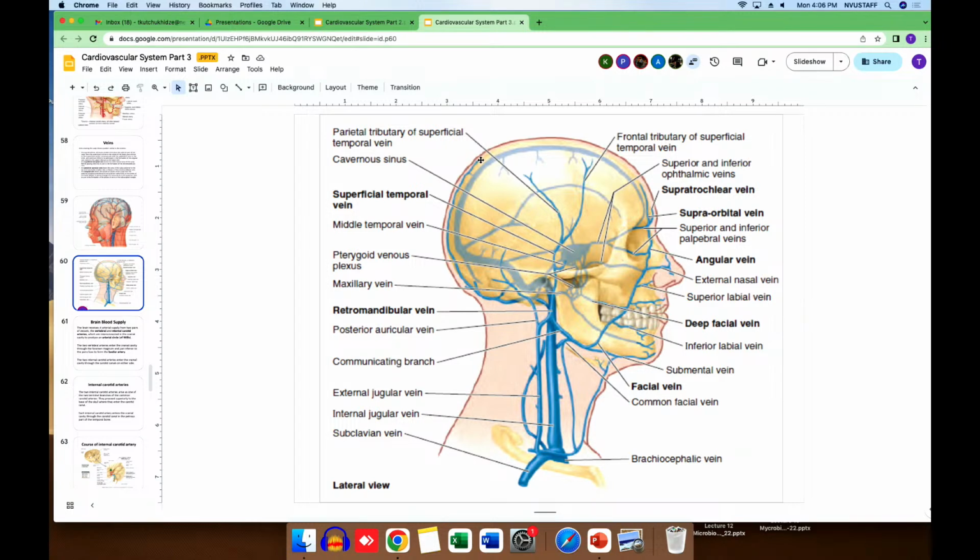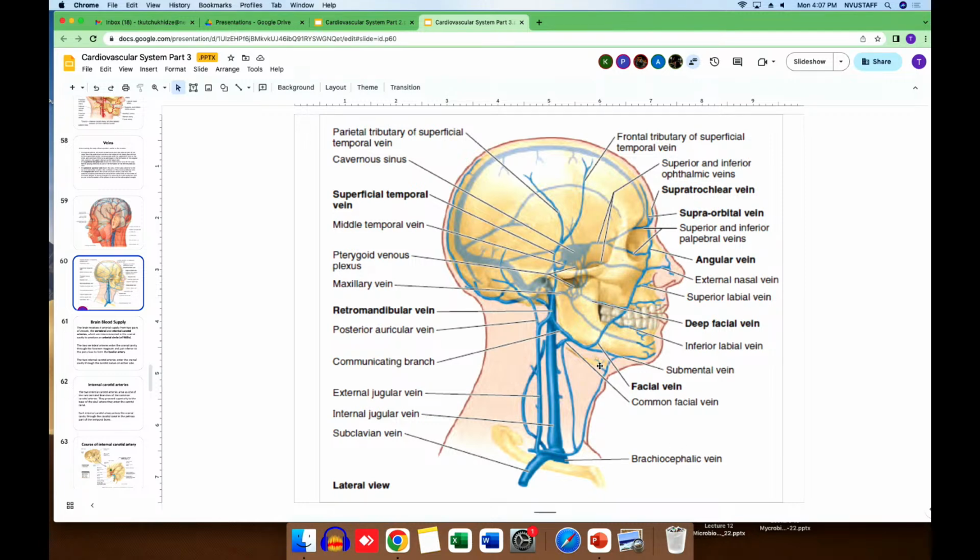Talking about the occipital vein, as we've talked, as you see, it is supplying the whole vertex and the posterior part, and it is also opening into the retromandibular vein and further to the external jugular vein. Further, they are all going into the brachiocephalic vein and then the heart, right?